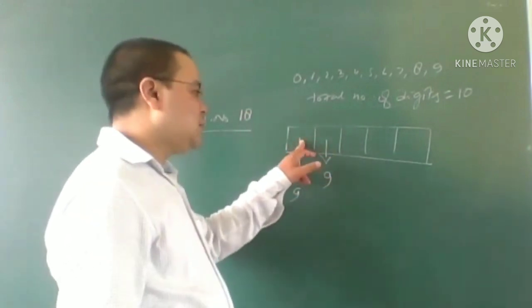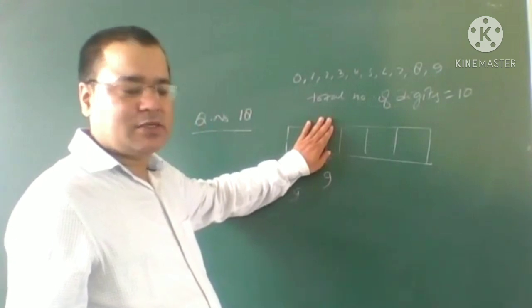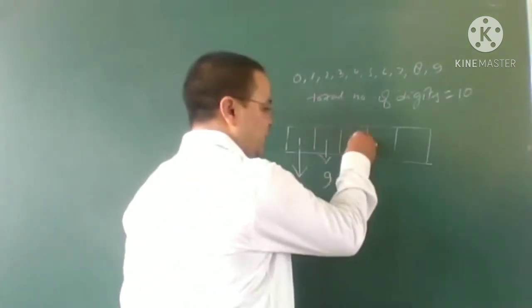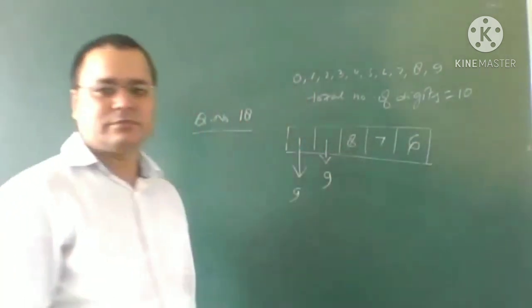Now the first and second digits are fixed. Now how many digits do we have? 8. So for this place we have 8, for this place we have 7, for this place we have 6 choices.